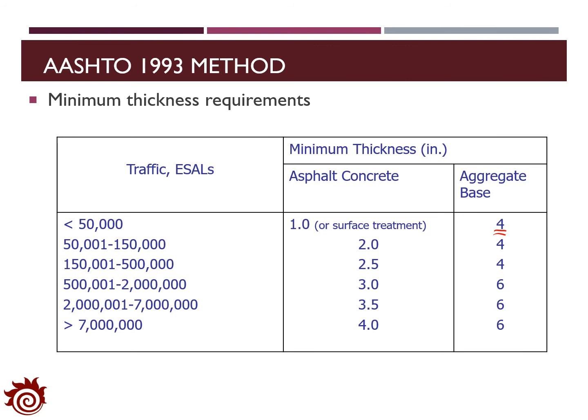When the value of ESAL is higher than 7 million, the asphalt concrete layer should have the minimum thickness of 4 inches, and the aggregate base layer should be higher than 6 inches. And this minimum condition should be applied with the previous analysis about the thickness based on the structural number.